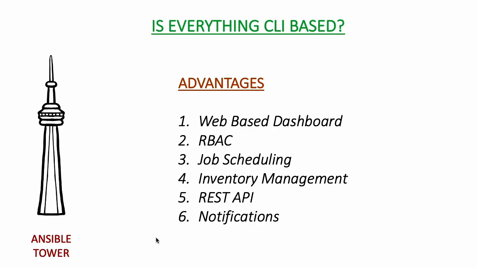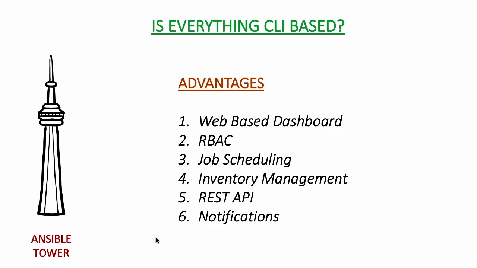For job scheduling, I mean that we can schedule Ansible playbooks to execute the tasks at the desired time intervals. If we have a big inventory, like we have hundreds of servers and we want to manage them and segregate the inventory, we can use Ansible Tower's front end to manage inventory into different groups.